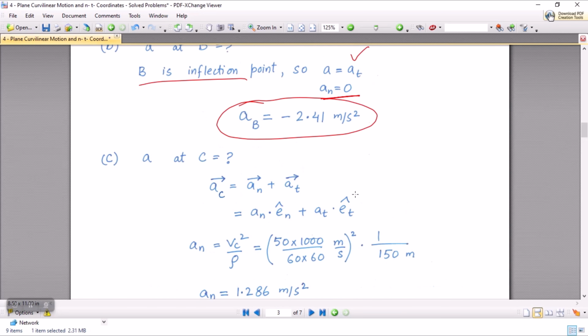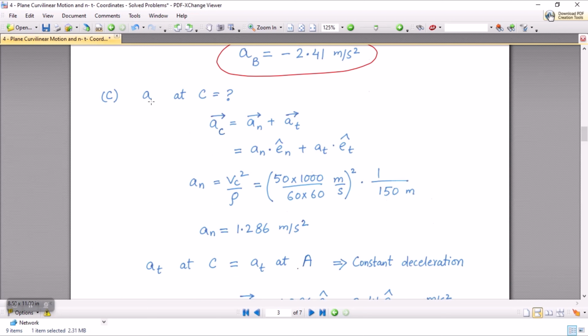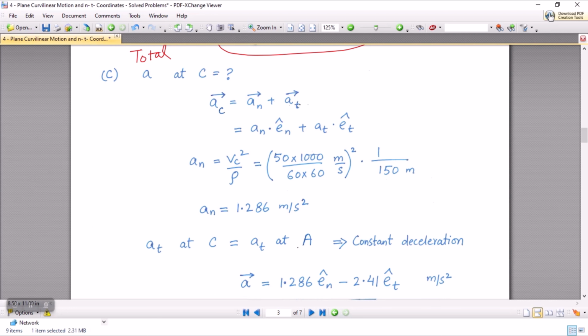So the third case was to calculate total acceleration at point C, and we know that at point C it should have both components now. So I can apply the total acceleration equation, the sum of n component and t component. N component is simply v c square over rho.